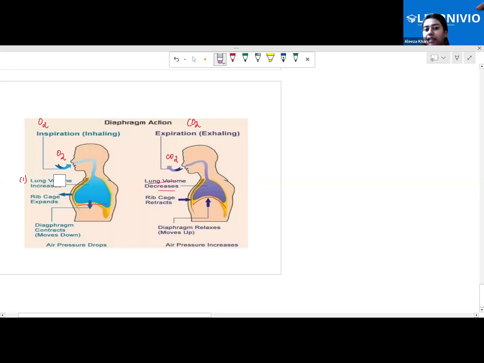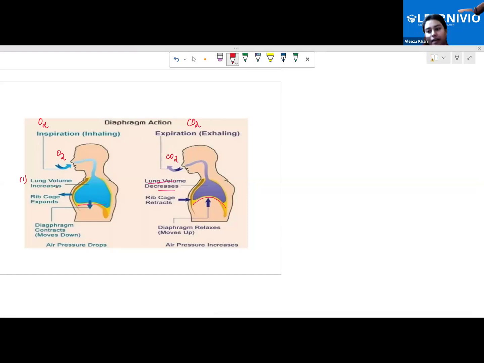This is expanding because you did not have air in your lungs. That's why you have taken the oxygen. After the administration of the oxygen, the lung volume is increasing. And what is happening with the chest cavity?